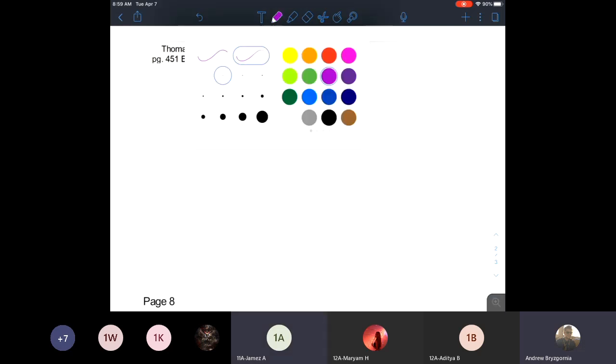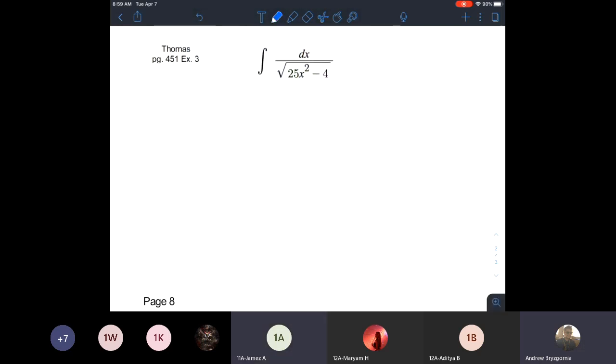Let me know if this ends up being really confusing, because then I can switch over to the other way instead. We know that we need to have this as u squared minus a squared, and in this case what we have is the quantity 5x squared minus 2 squared.